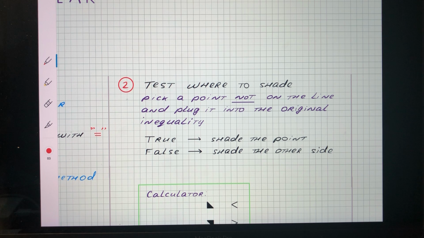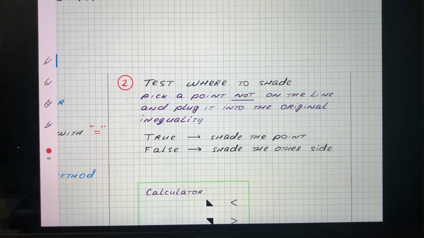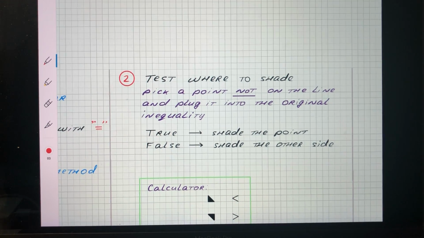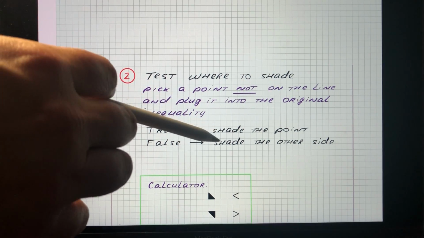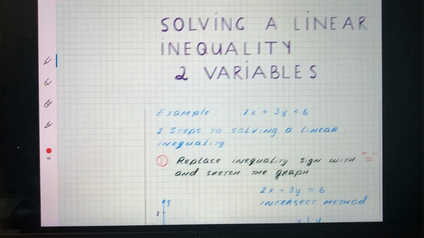If the inequality is false, then every single point in that region is not part of the answer, which means all the points on the other side are the actual solutions, so we shade the other side.